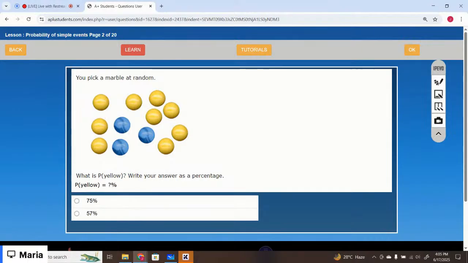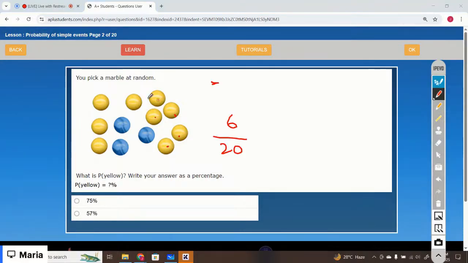You pick a marble at random. What is the probability of red? That is 1, 2, 3, 4, 5, 6, 7, 8, 9. That is 9 over 12 multiplied by 100. So 9 divided by 12 times 100 is 75%.